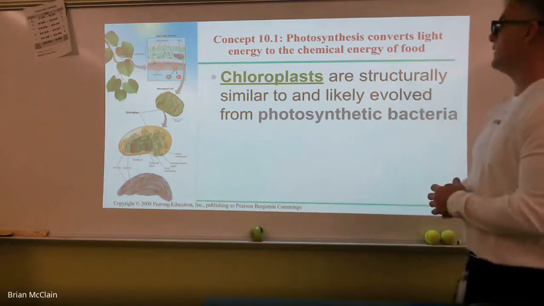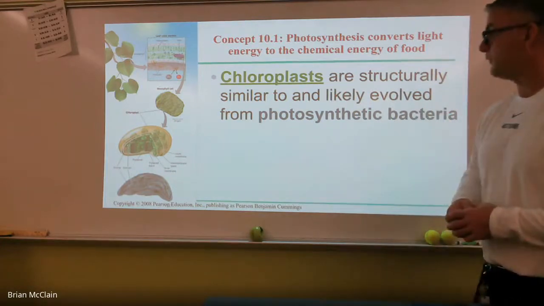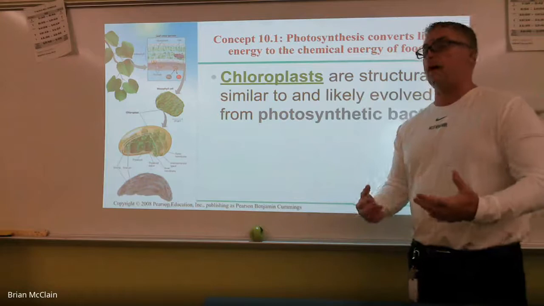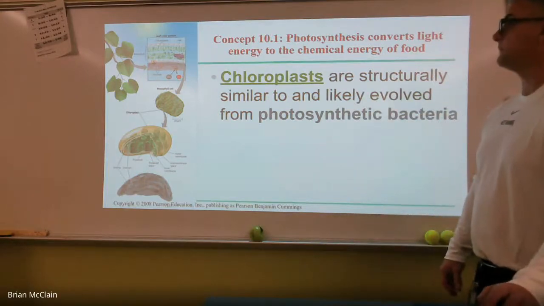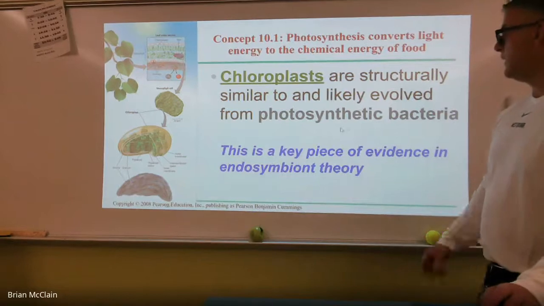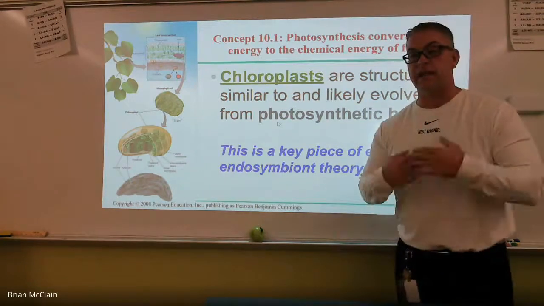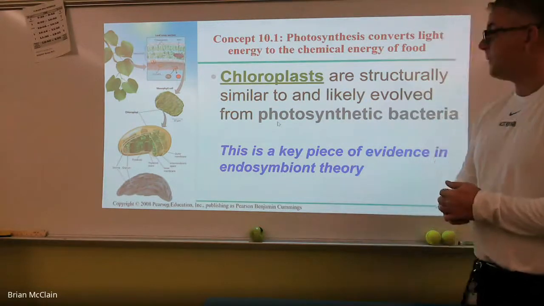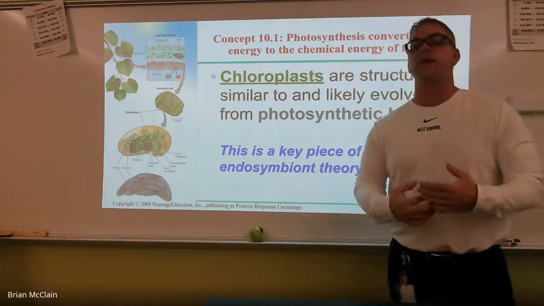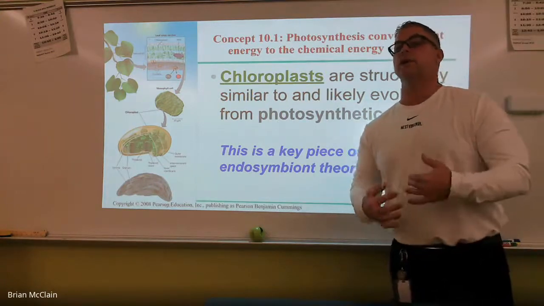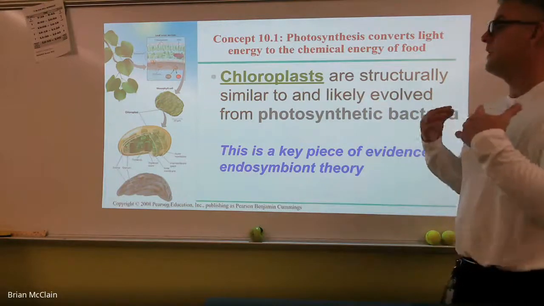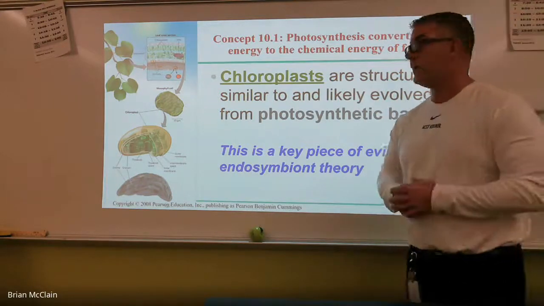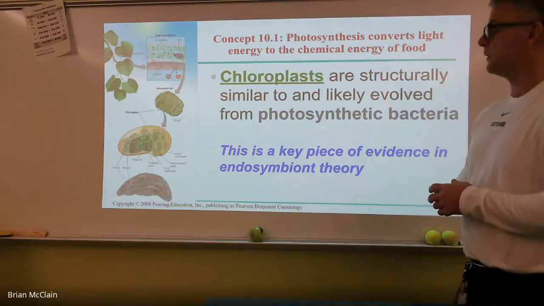Like I said, they're very similar and likely evolved from some of the photosynthetic bacteria that existed in the early environment. This is a key piece of evidence in the endosymbiotic theory, and that concept is definitely addressed throughout the College Board exam. So you want to make sure you're familiar with that, and we'll examine it at a variety of different points throughout the course.